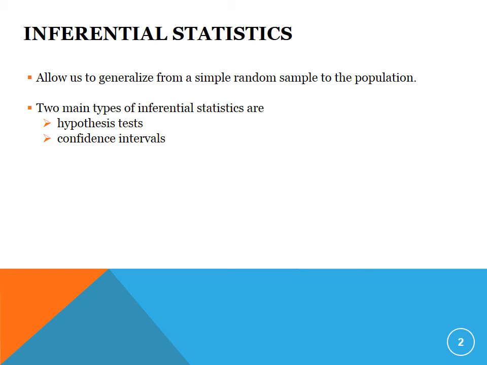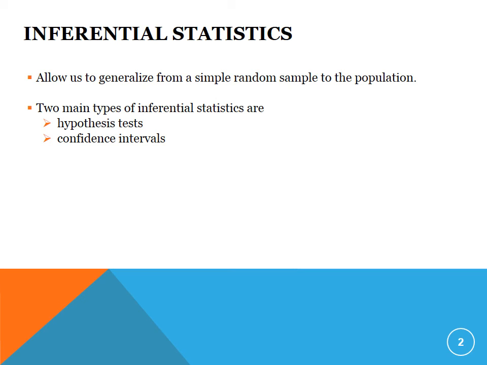Alright, so inferential statistics allows us to generalize from a simple random sample to the population. Now we've done this already with chi-squared, where we were using contingency tables, which allow us to look at categorical variables, right? The nominal or ordinal variables, and you can look at that with the contingency tables or crosstabs.